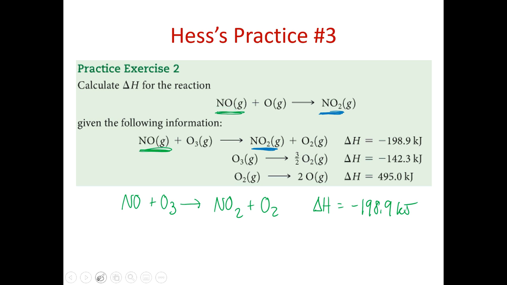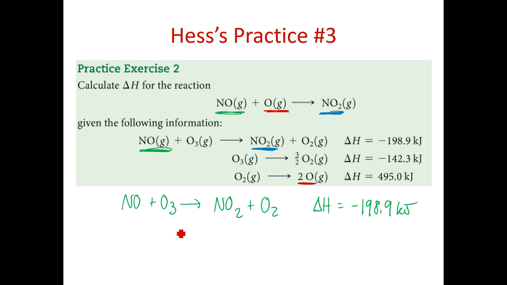Okay, and the other thing that I want is some oxygen. So this is just atomic oxygen over there on the left. Only one of these reactions has oxygen in its atomic form here. That's this one. But this one has 2 oxygens instead of 1, and they're on the wrong side. So I want to reverse this reaction, and I want to cut everything in half.